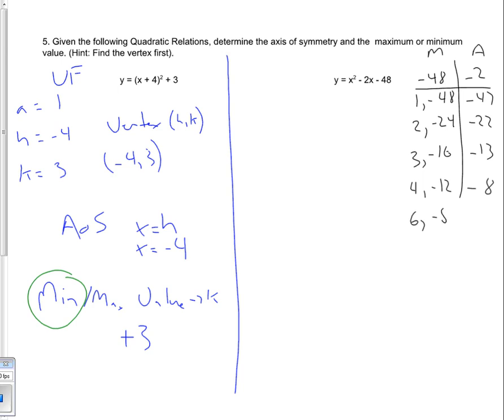So 6 and -8, when I add those two things together, I get -2.